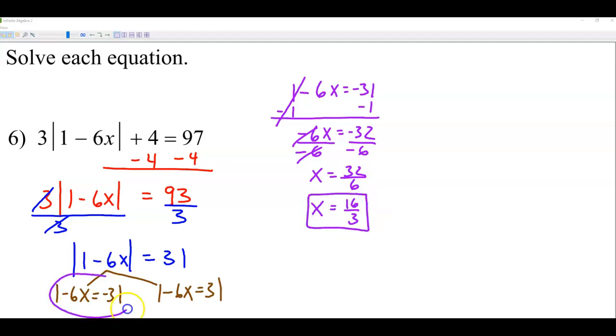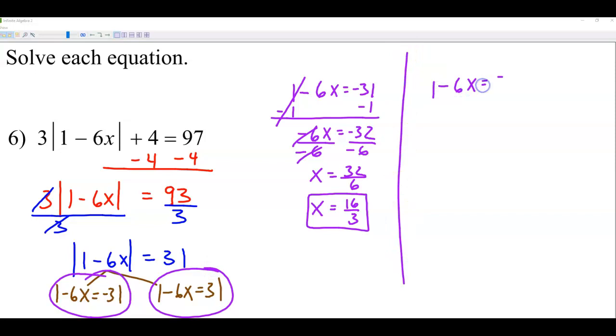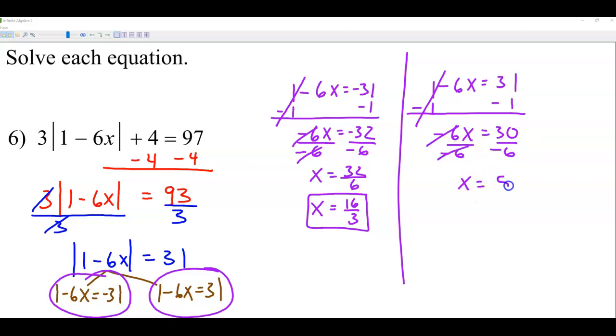That was this one. Now we'll do this one. 1 minus 6x is equal to a positive 31. Subtract 1. Divide by a negative 6. And we get negative 5 as our second solution on that problem.